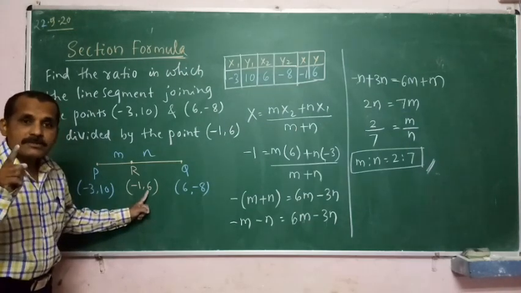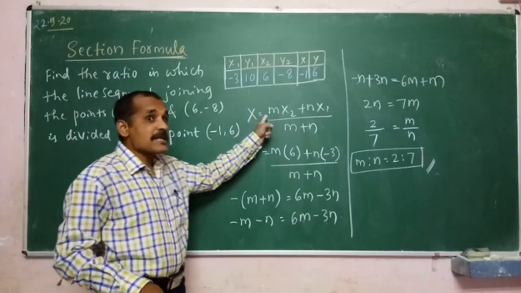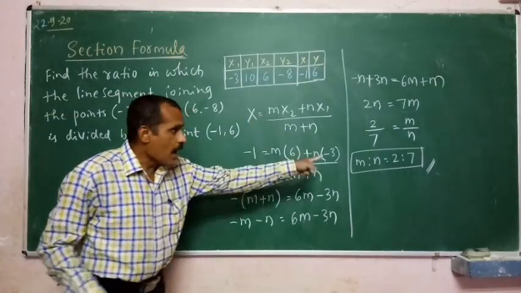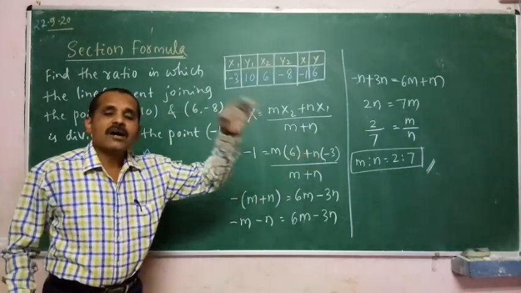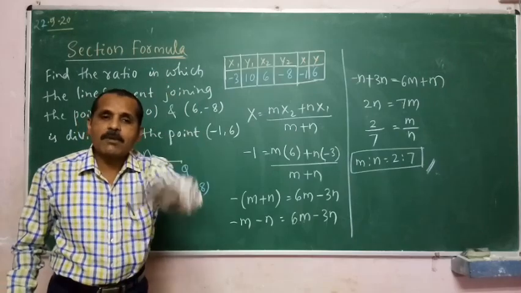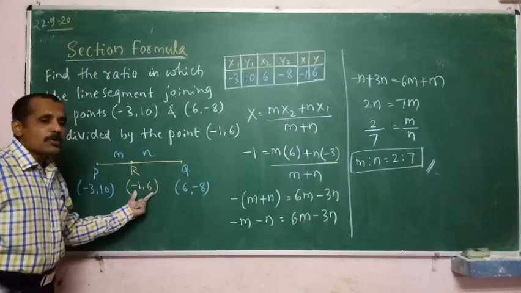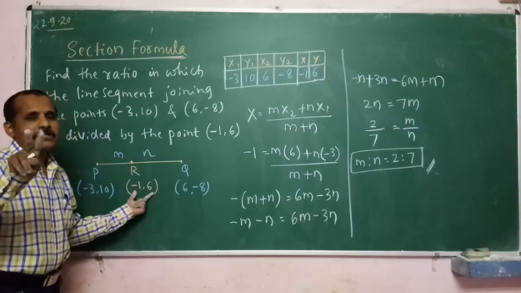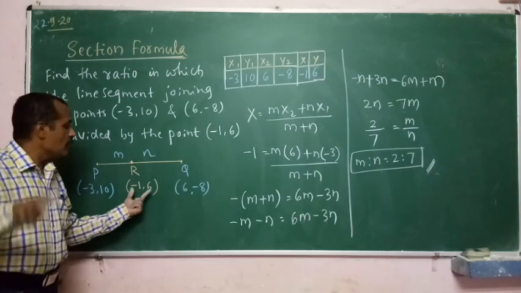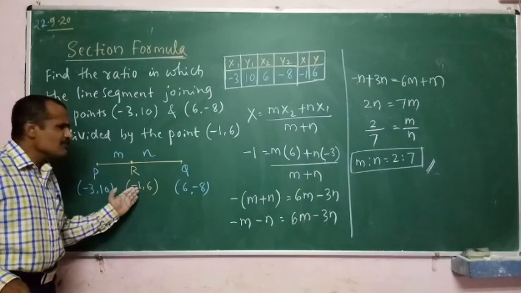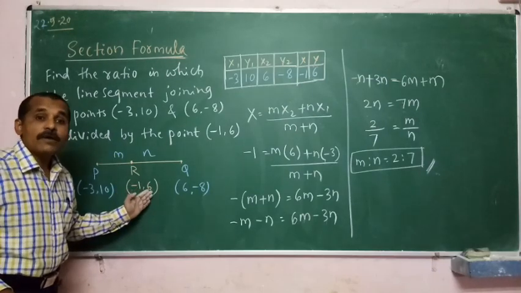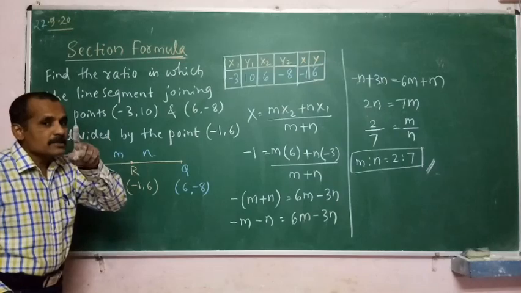But the question comes, had we used the section formula for y, would we get the same answer? 100% you should get the same answer. That means to find the ratio, both values are not required, my dear. One value is sufficient, either the x value or the y value.